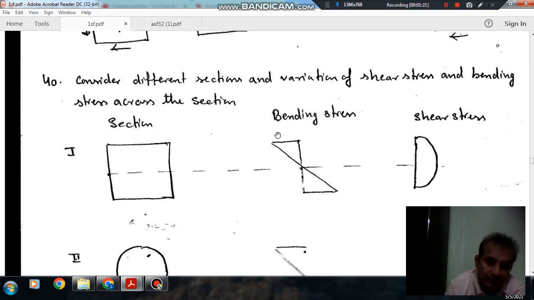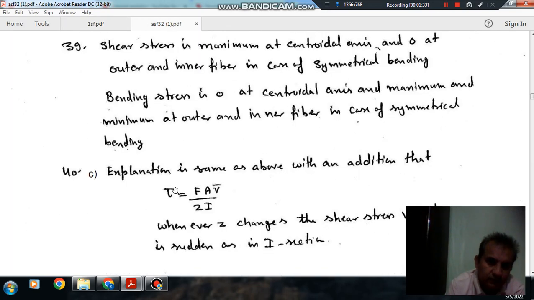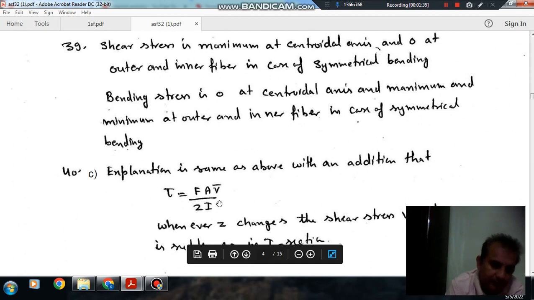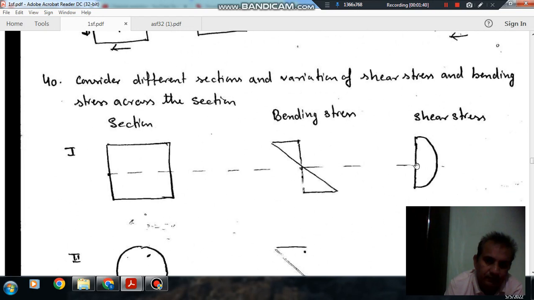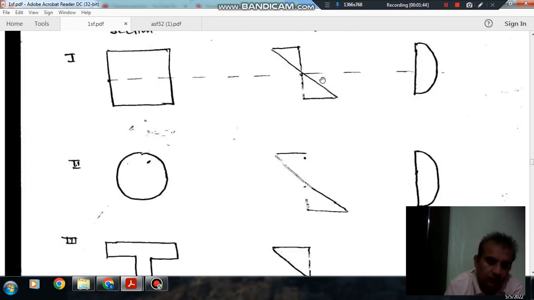Bending stress is zero at the neutral axis and maximum at the extreme fiber, so this is correct. The shear stress is given by the formula F A y bar by I b, which gives the parabolic variation with maximum at the neutral axis and minimum at the extreme fiber. So 1 is correct.